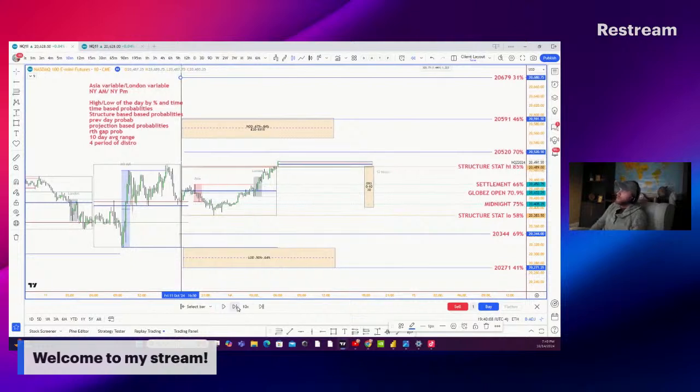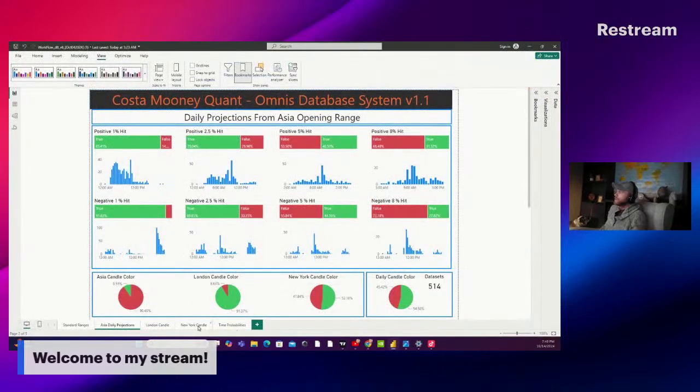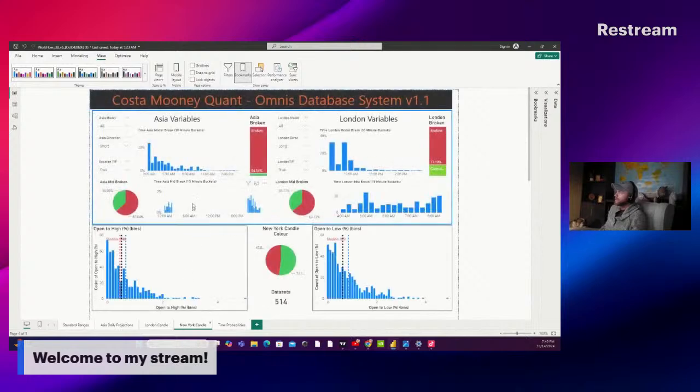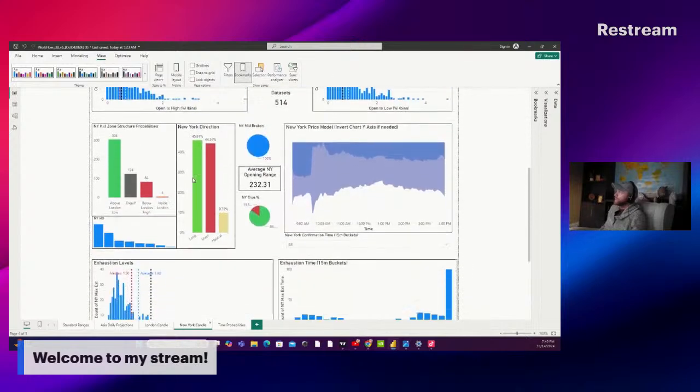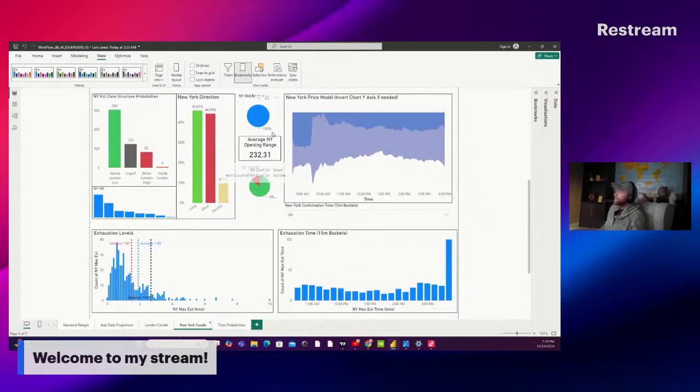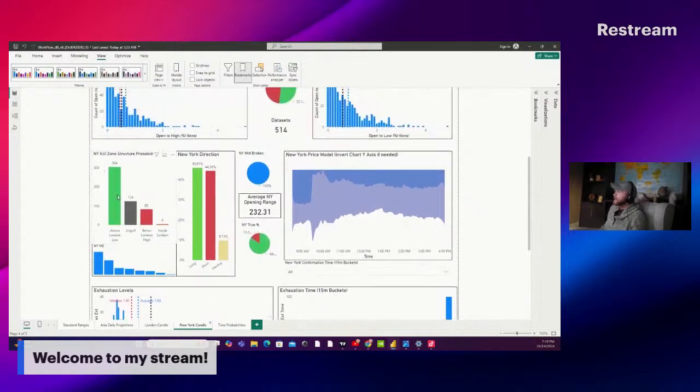All right. So now we're going to do a more detailed look at our New York candle, right? We can see that there's a high probability of New York being above London, right?